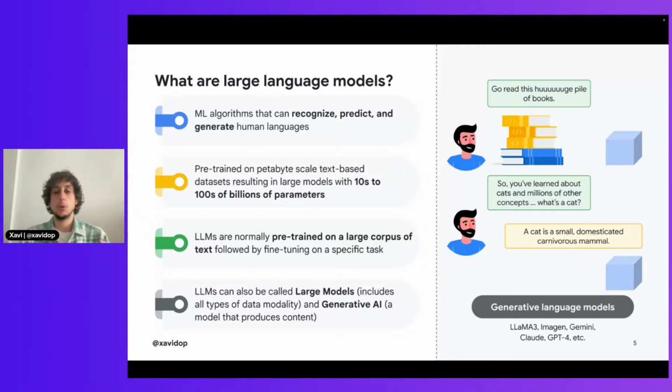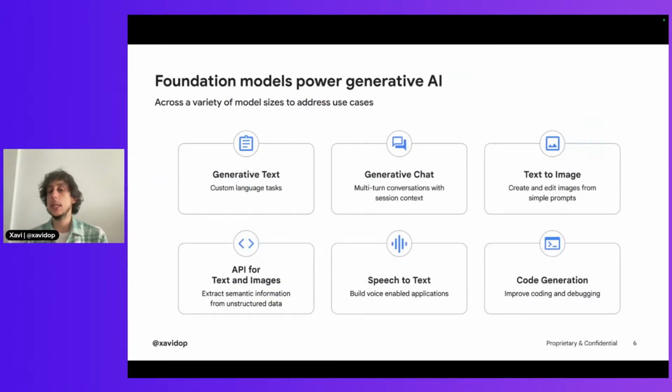The LLMs are also called large models, and when we talk about LLMs, basically we are talking about generative AI. The large language models that we can see out there are mainly the ones that generate text, like GPT-4, Gemini, Mistral, Llama 3, or Gemma.